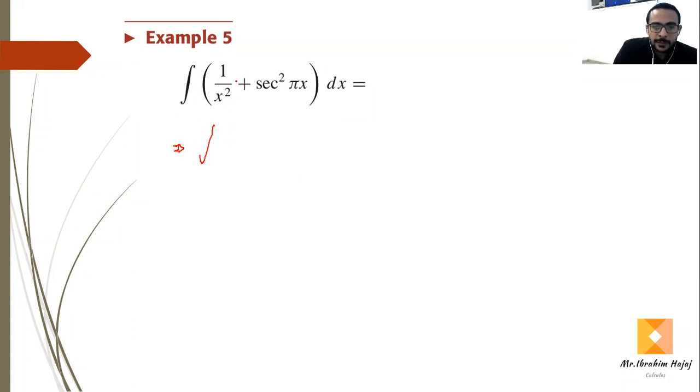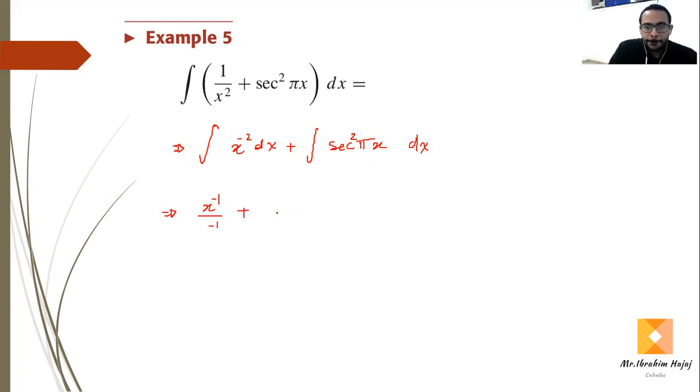We can write it as 1 over x squared, which is x power negative 2, so we integrate directly. Split it first: the integral of x to the power negative 2 dx and then the integral of secant squared of pi x dx. So x power negative 2 gives x to the power of negative 1 over negative 1, plus secant squared.